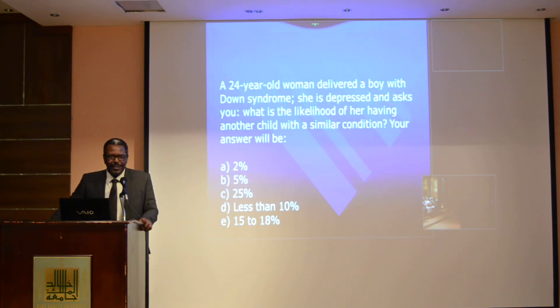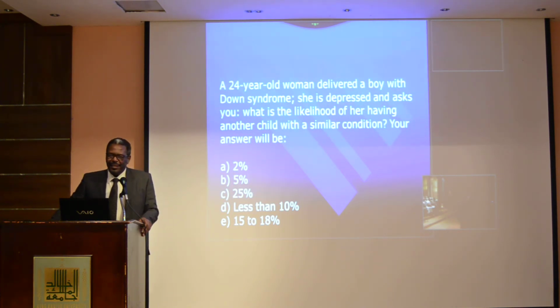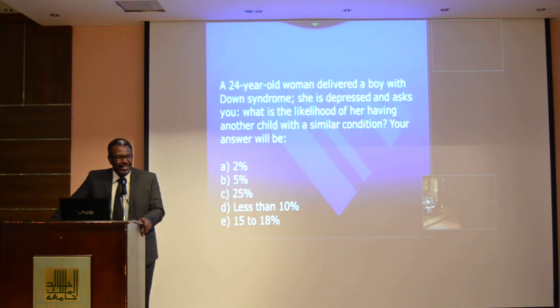These are the options. So the possibility is 2%, 5%, 35%, less than 10%, 10 to 18%. Really? Poor students. What do you mean by 2%, 5%, and less than 10%? How can they differentiate between these three options?